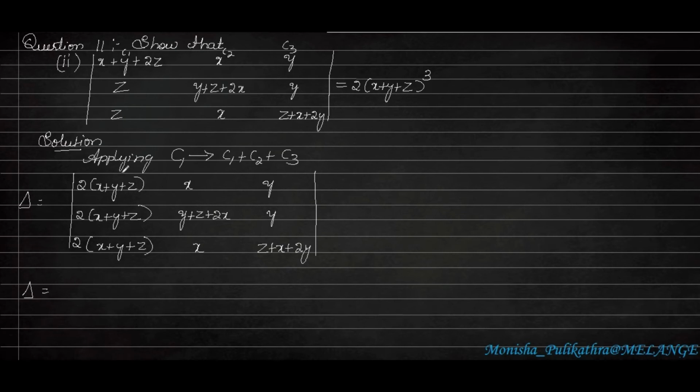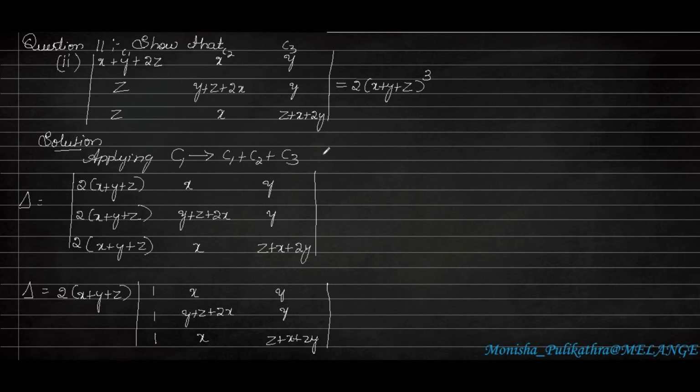Later, since we know all the column 1 elements are the same, we can take the common of it, x plus y plus z. So it will become 1, 1 and 1, and the rest of the things you have to write as it is: y plus z plus 2x, x, y, y and z plus x plus 2y.